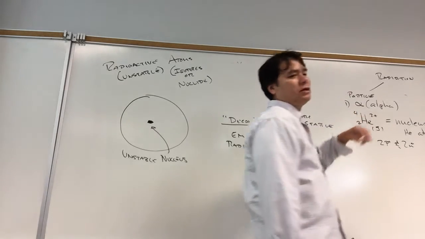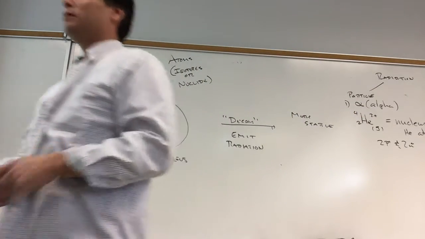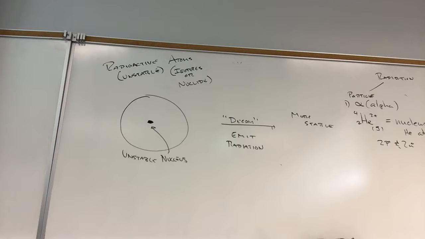As far as radiation goes, we have different ways we express radiation. So let's talk about the different ways we express radiation. This is why I say I'm not going in order of the book. We look at the effect of radiation on matter. Well, the effect of alpha particles is they have a huge reduction potential.